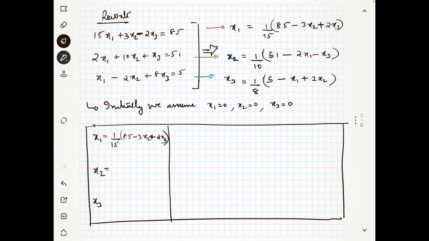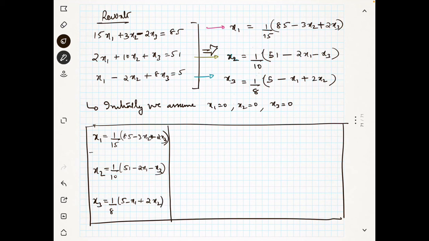Now what is my x2? It's 1 by 10 into 51 minus 2x1 minus x3. Okay, that's it. And what is my x3? It is 1 by 8 into 5 minus x1 plus 2x2. Okay, that's it.